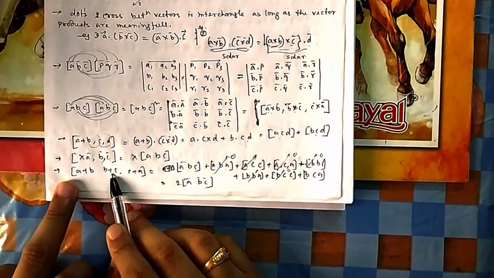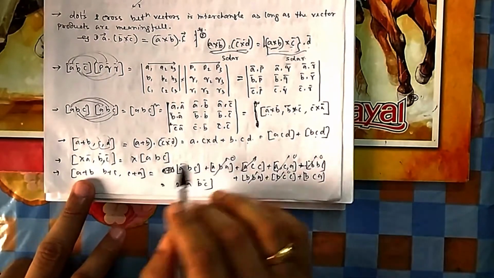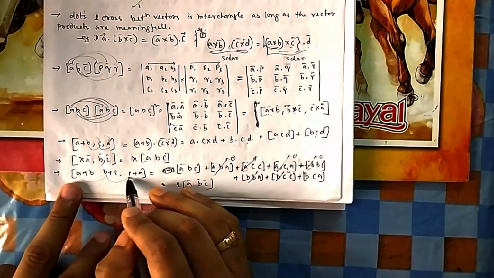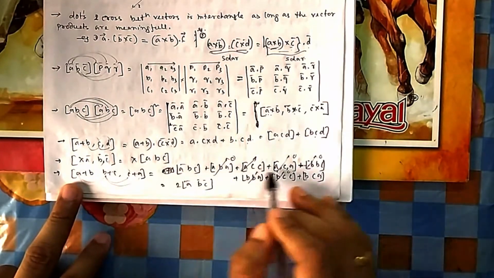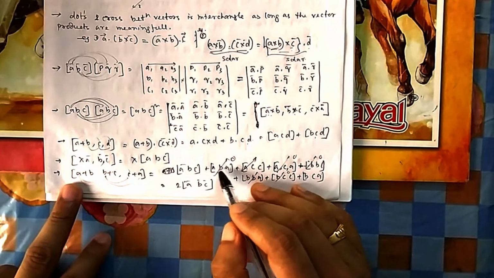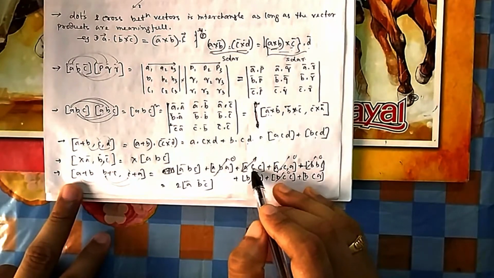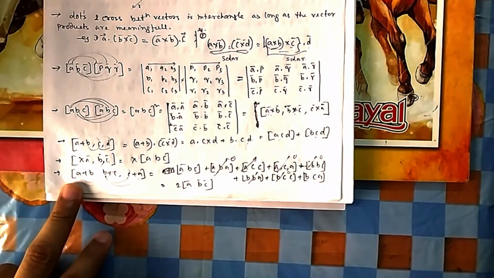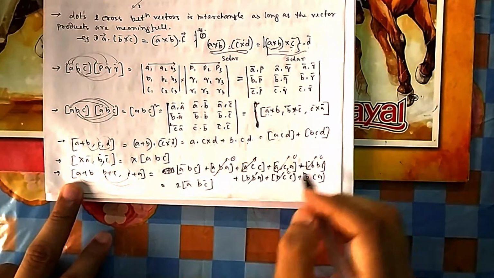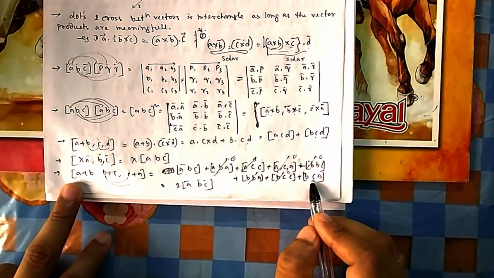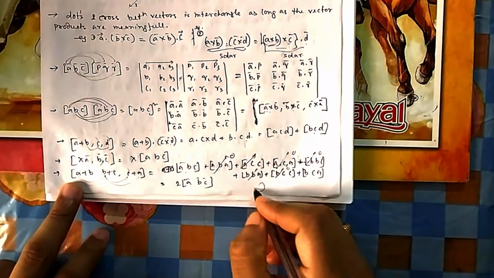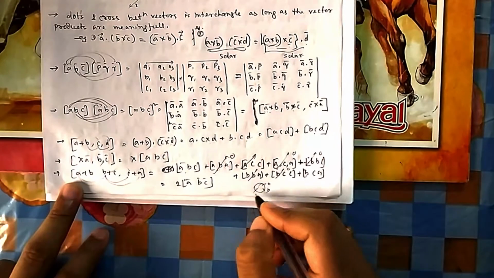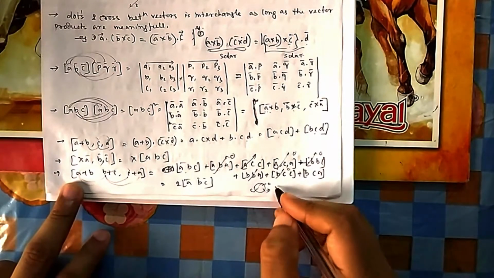Suppose it is the box of A plus B, B plus C, C plus A. Again in the same way you can expand all this. All these will be 0, because if two vectors are the same in a box, the output is 0. You have seen that already. So ultimately you will get one ABC and one BCA, which is also ABC. BCA and ABC are the same because the same cycle is maintained, both moving clockwise.